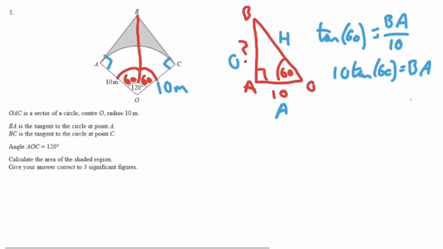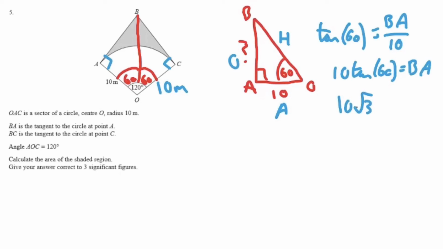Put this into your calculator, and you would get a value of 10 root 3. You might as well, for now, keep it in this exact form rather than the decimal, because we're going to be going on to work out more values after this. As I said before, try to keep the exact value in your calculator.